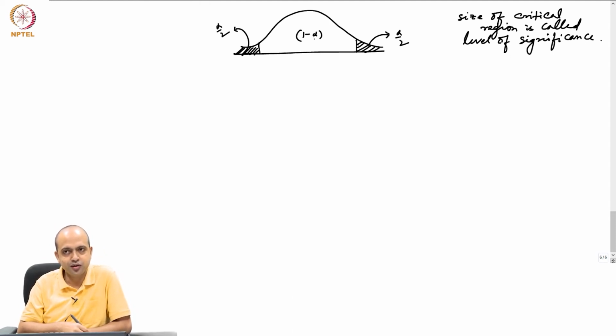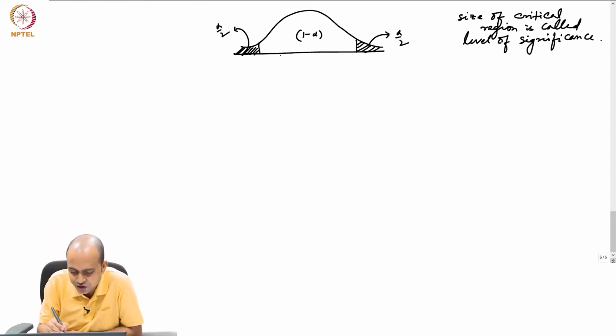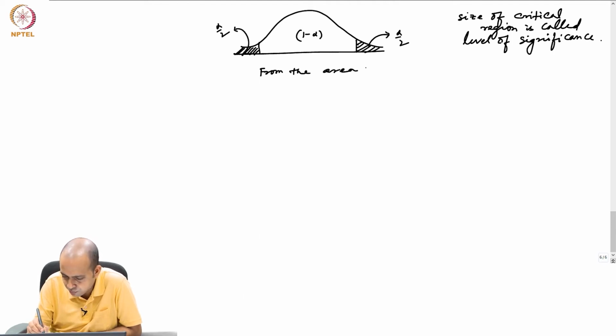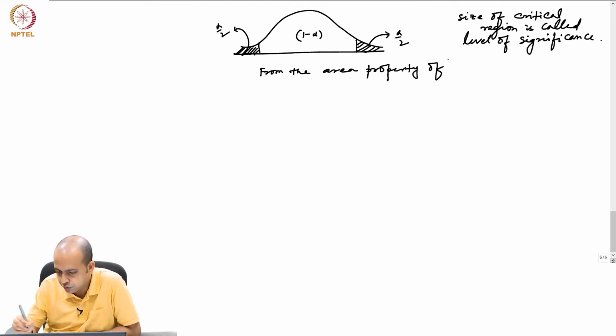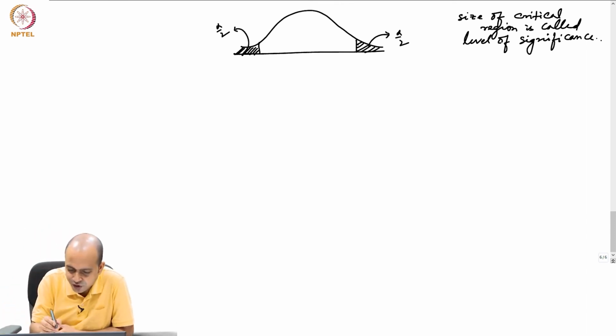When I am saying the variable is significant at 5% level, that means I am committing type 1 error 5 times. When I am saying the variable is significant at 1% level, that means I am committing only one type 1 error while rejecting my null hypothesis. Okay. So, these two areas is alpha by 2 and this is 1 minus alpha.